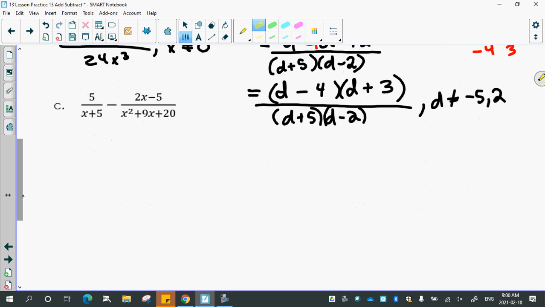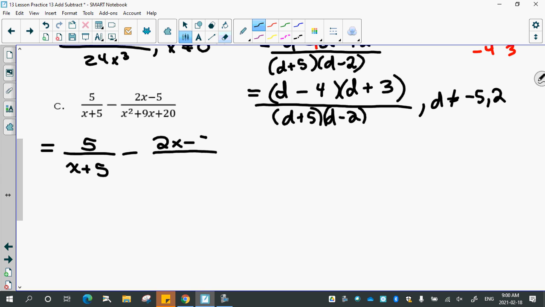All right, next one. Factor everything as much as possible as our first step. So 5 is just a monomial, you can't factor it. X plus 5 also can't factor it. 2x minus 5, can you factor it? Nope. But how about x squared plus 9x plus 20? Can you factor it? Yes. It's a simple trinomial.